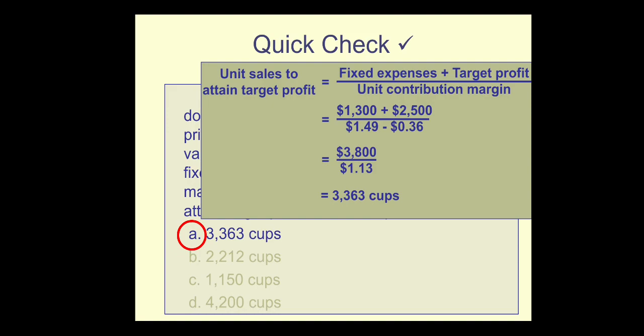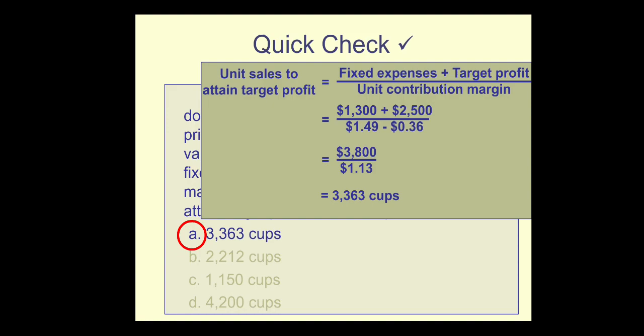So, you can check the previous slide. If you use the contribution margin way to do target profit analysis, then the formula is like this. Unit sales to achieve the target profit equal to fixed cost plus target profit divided by unit contribution margin. So related to this question, the fixed cost is 1,300 plus the target profit 2,500.